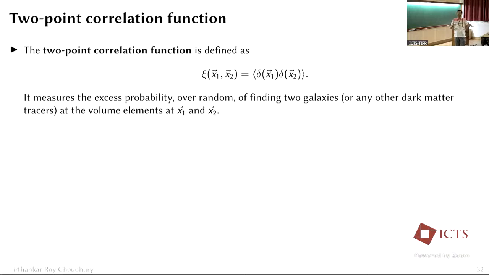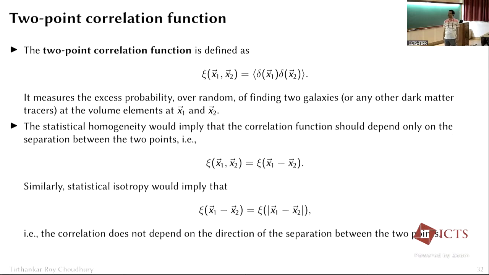If it was random, then this psi would have been 0. You would have only had this diagonal term sitting in that probability distribution. Now this is a function of x1 and x2, 2 points in your universe.